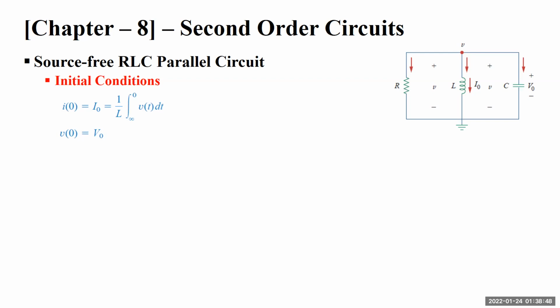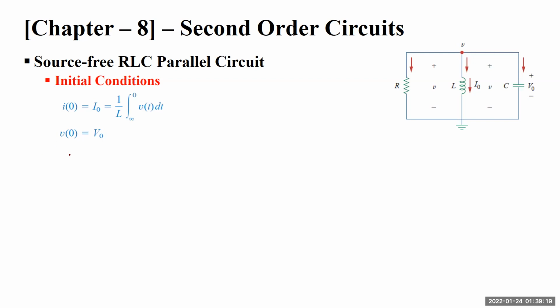So our first technique to analyze this circuit is to develop the differential equation for this circuit. In order to develop the differential equation, we solve the circuit with the help of the KCL rule. For the Kirchhoff current law, we know that the current entering and leaving a node are equal.